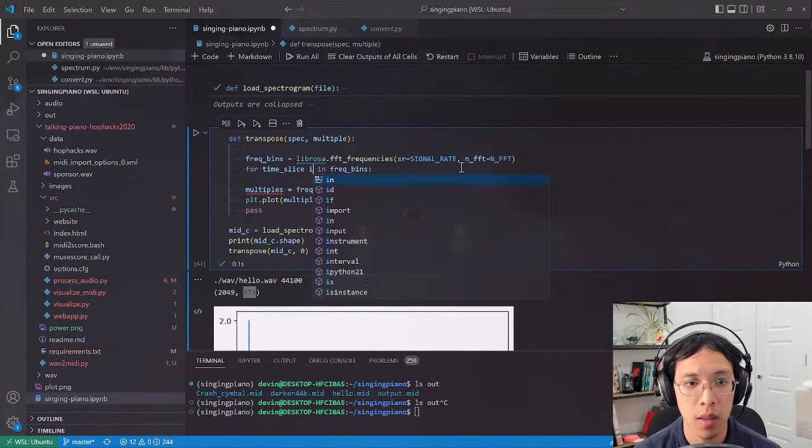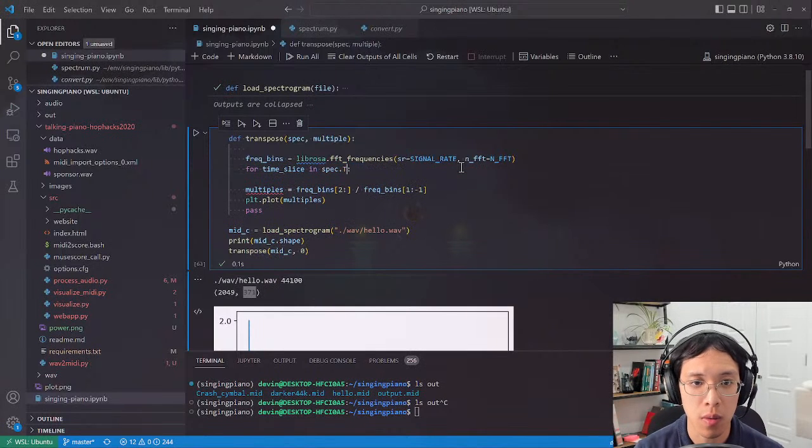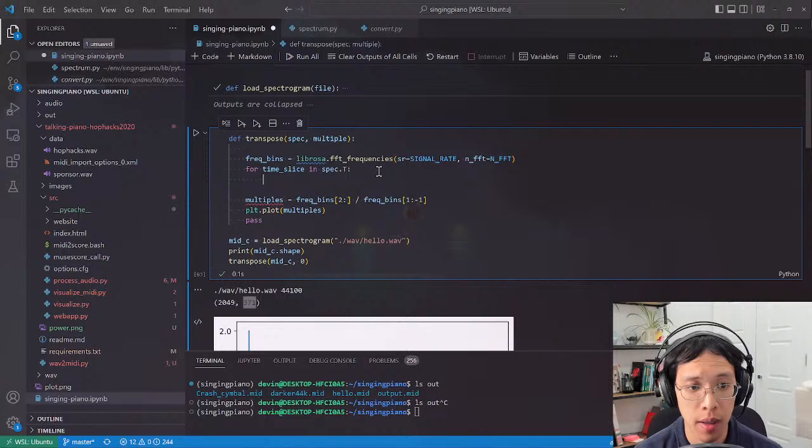Time slice in spec.T. So I'm just transposing this so that the first dimension becomes time instead of frequency. Once you have that, you're iterating over this number, which is the time slices, and then each of these will give you an array of the frequency slices.